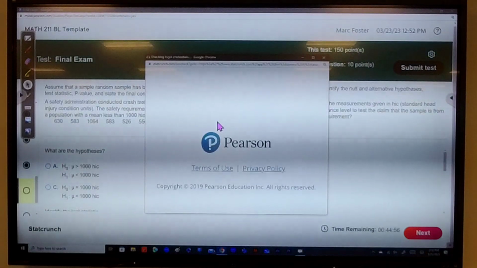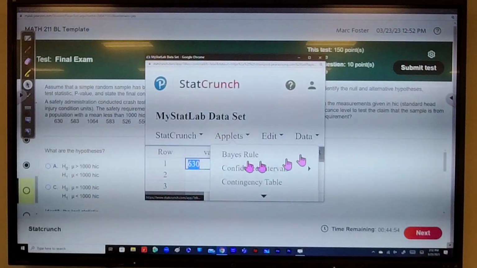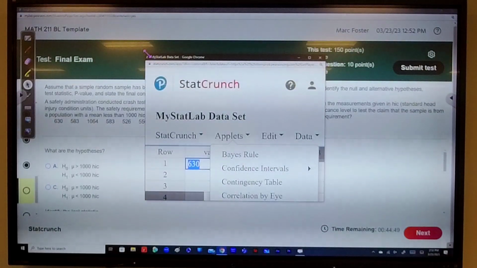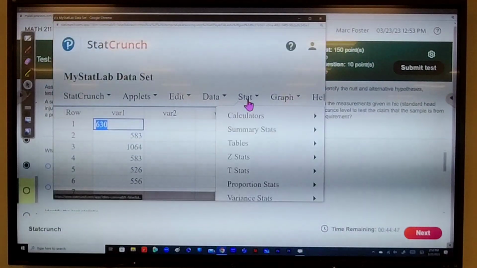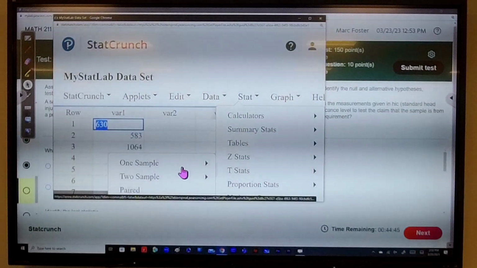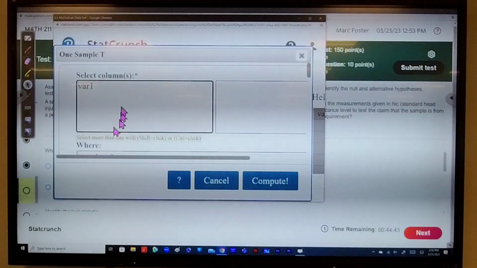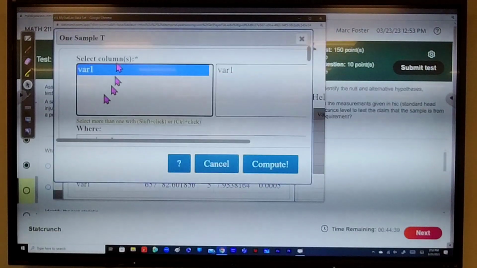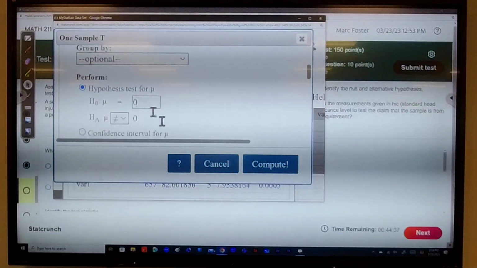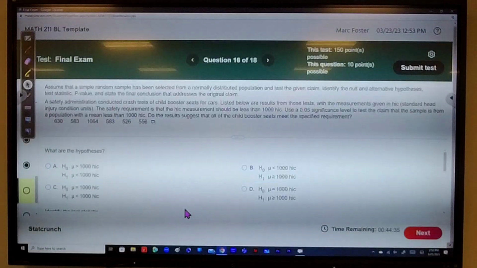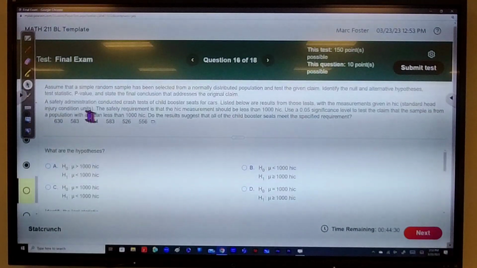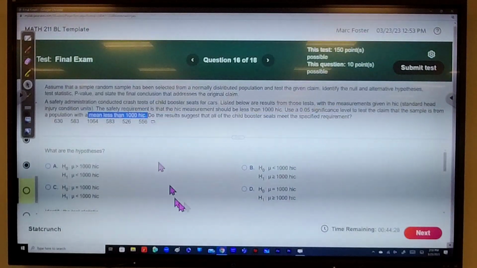Open StatCrunch. This won't be, it'll be T-stats, yeah. So, Stat, T-stats, one sample with data. And we're doing a hypothesis test to see if it comes from a sample with a population mean less than 1,000.